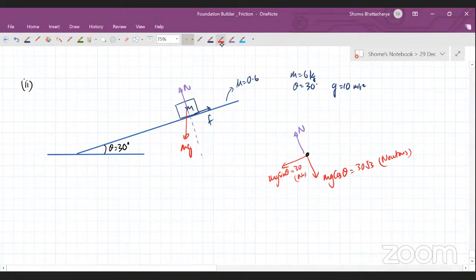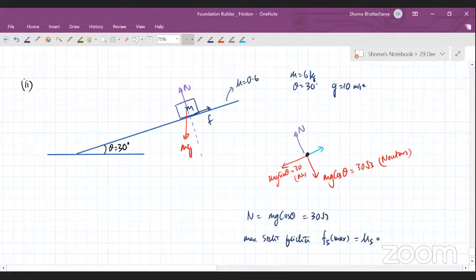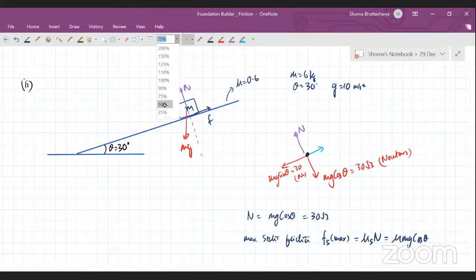Okay. So now let's try to find out what is the friction available to us. We can see that normal reaction is equal to 30√3 and maximum static friction will become mu mg cos theta, because there is a single value of coefficient of friction given.